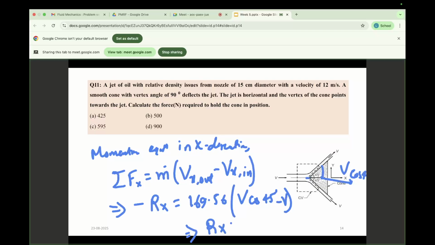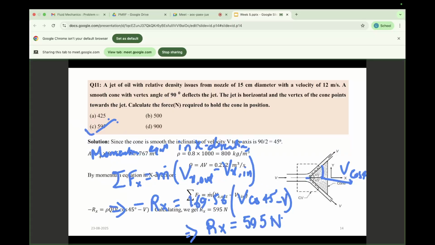After that you can calculate, and accordingly you will get the value as 595. So 595 Newton is the correct answer. So option C is the correct answer.